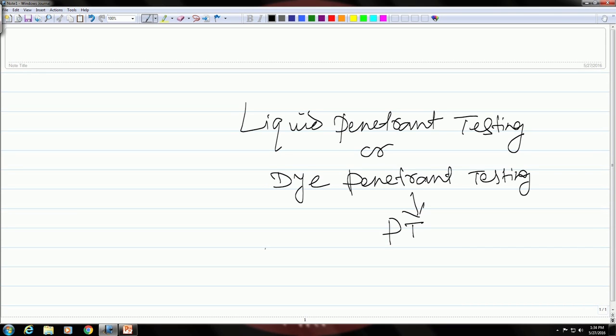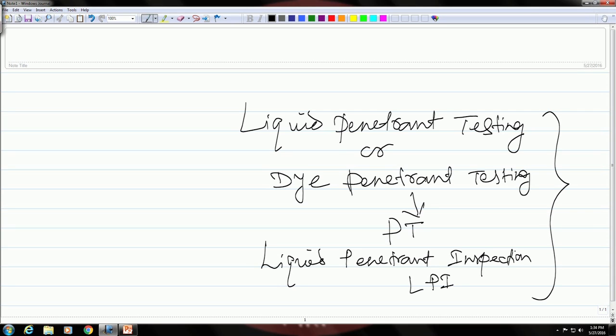There is one more name to it, which is liquid penetrant inspection, or LPI in short. Okay. So, these are the names of the same technique, which is liquid penetrant testing or penetrant testing.